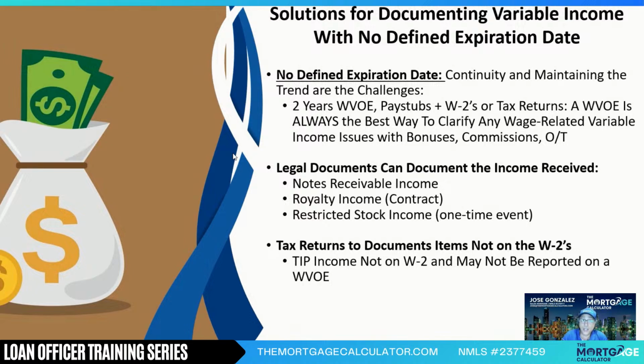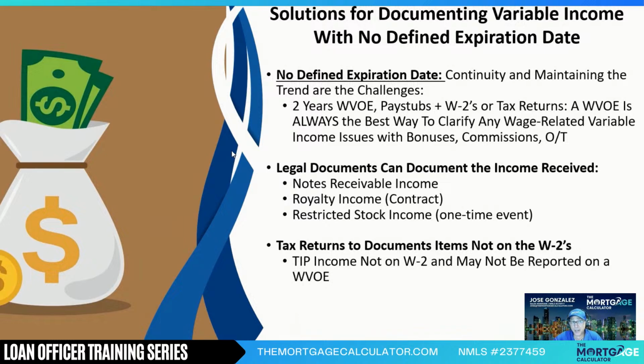For the royalty income, you're going to have a sales contract. Restricted stock income is usually a one time event, so you're just going to have to get a breakdown of the transaction, whatever the capital gains or the value of the restricted stock income was. There should be some document for that.